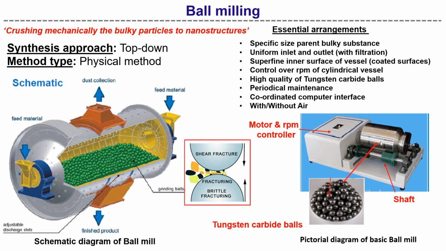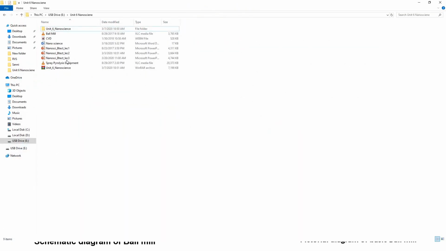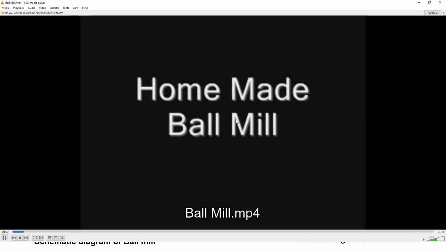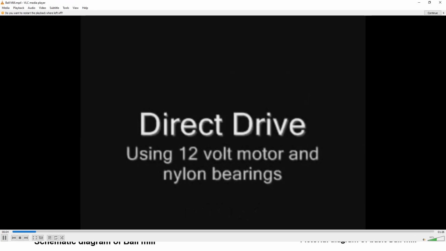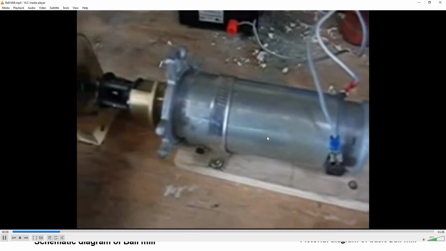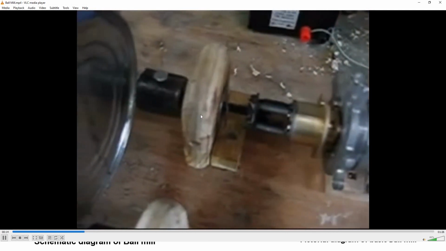To get a clear idea, we will look at one video to see how the ball mill exactly works. So this is the motor, which is connected with a shaft, and by which it is connected with the steel vessel.